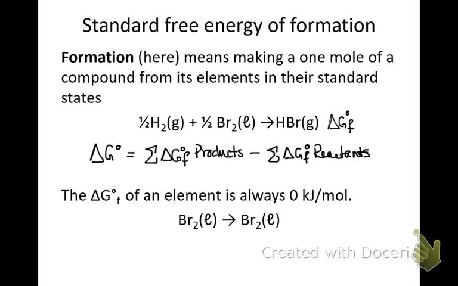This should look kind of familiar, like using the standard enthalpy of formation to calculate delta H for a reaction that you did in Chem 131. Like delta H, the delta G of formation of an element is always 0 because you would be forming an element in its standard state. And so there's no free energy change here to make bromine from bromine.